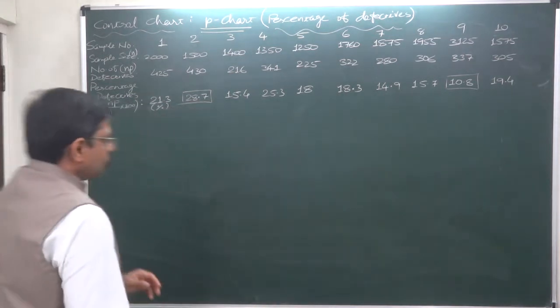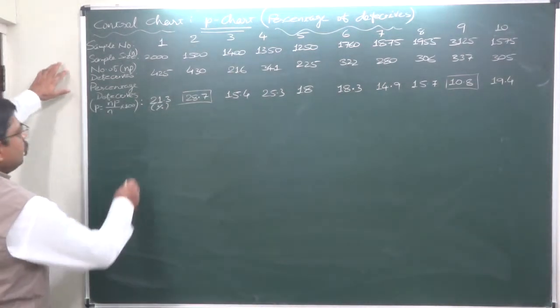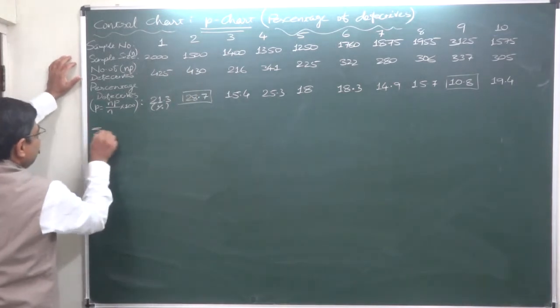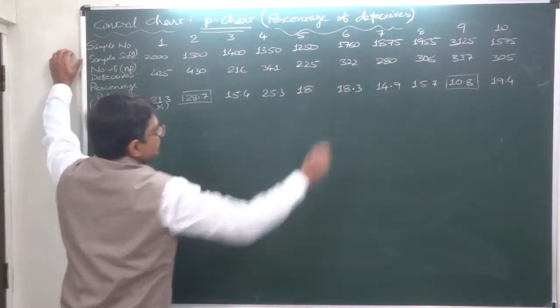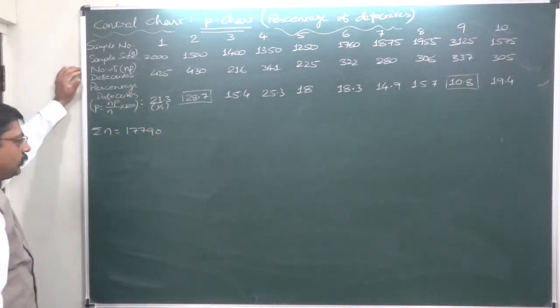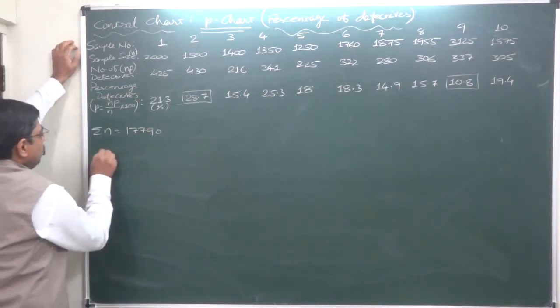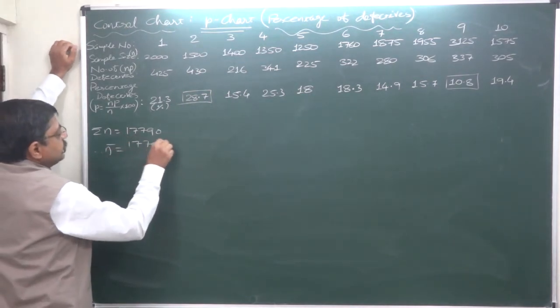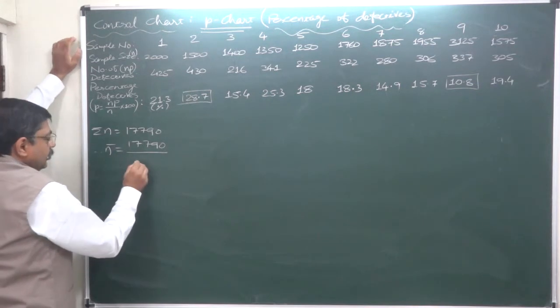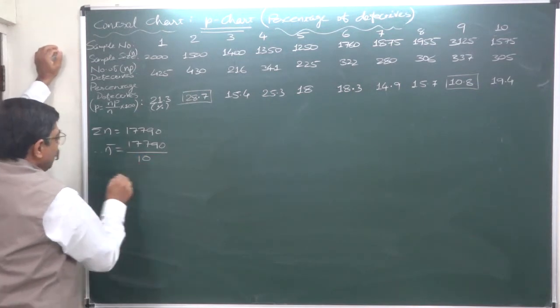That's why take care at the time of writing the formula of UCL and LCL. Let's start the solution of this problem. First of all, sigma n is 17,790. You can get the total on your calculator or manually as you are habituated. The mean sample size is the total of all the sample sizes divided by the number of samples.